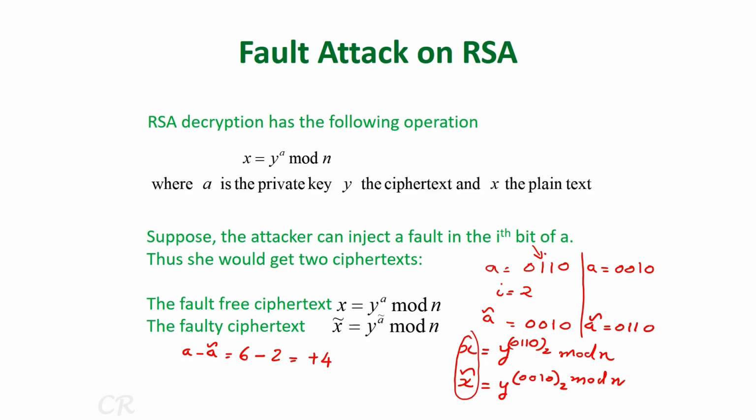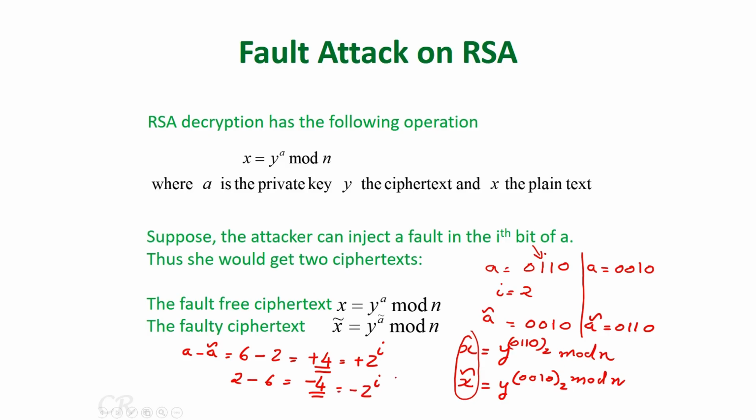Now, in this particular case, he would have obtained A minus A tilde to be 2 minus 6, equal to minus 4. So, what you see here is that A minus A tilde is either equal to plus 2 to the power of i, where i is 2 in this case, or minus 2 to the power of i.